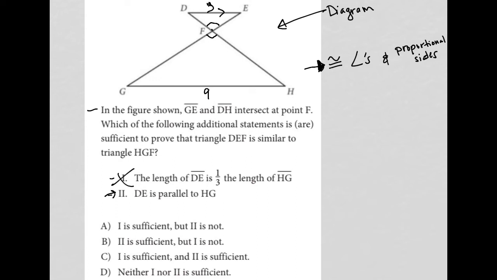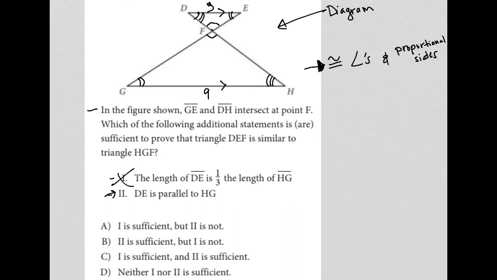Statement 2, DE is parallel to HG. Okay, well, if DE is parallel to HG, then that opens up some parallel line geometry where we have parallel lines and transversals. And if you recall from learning that in school, whenever you have parallel lines with a transversal, one of the types of angles that you can create are something called alternate interior angles, right?